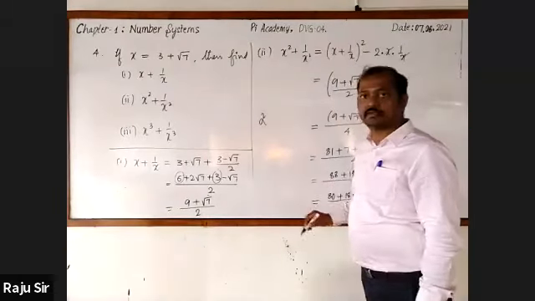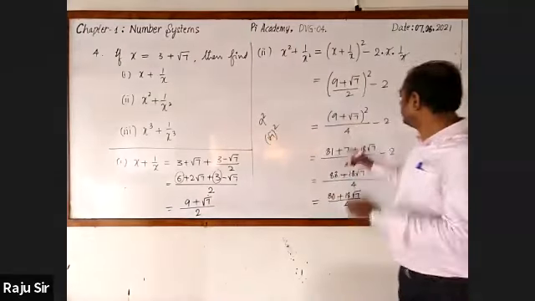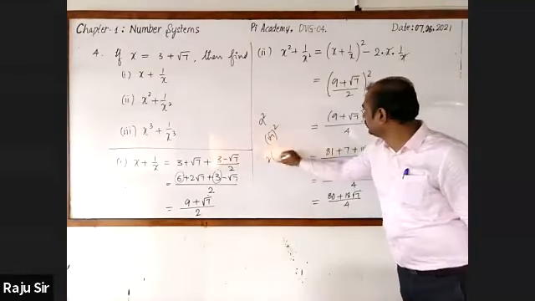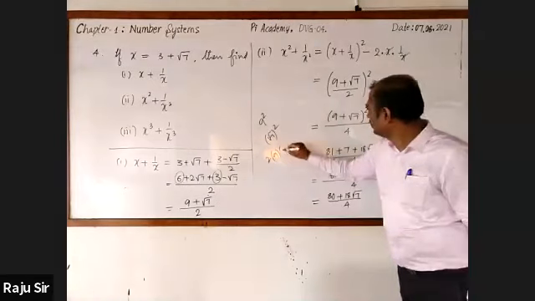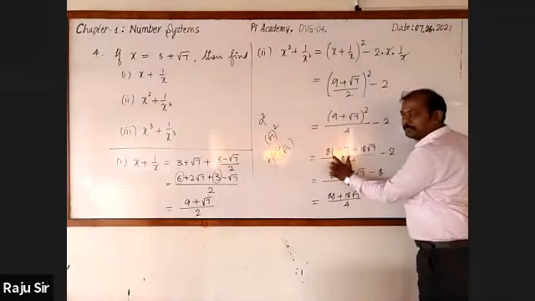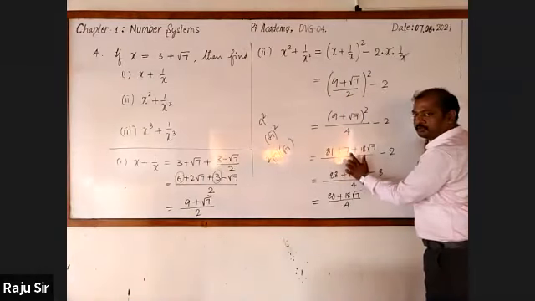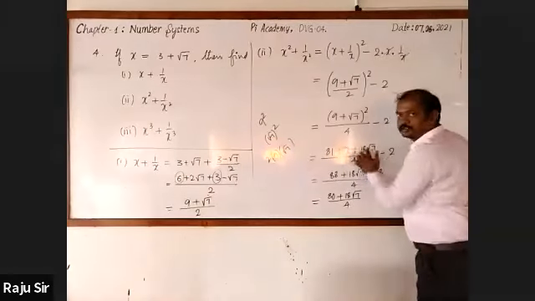It is a square, 9 square, b square, root 7 whole square, 2ab, 2 into 9 into root 7. What is 9 square? 81. Root 7 square? 7. 2 9s are 18. Did you understand? Yes, sir.